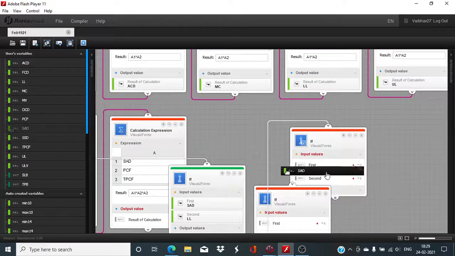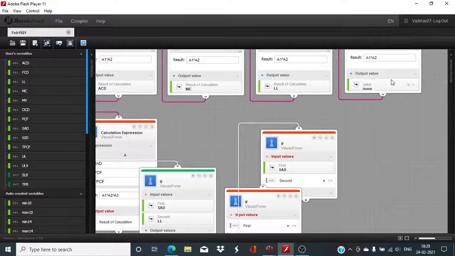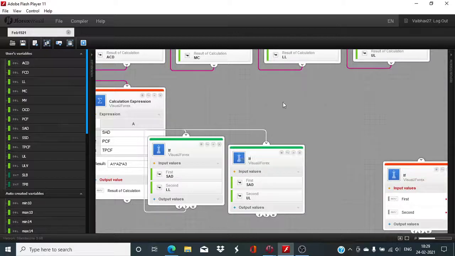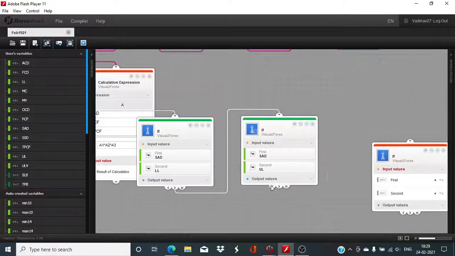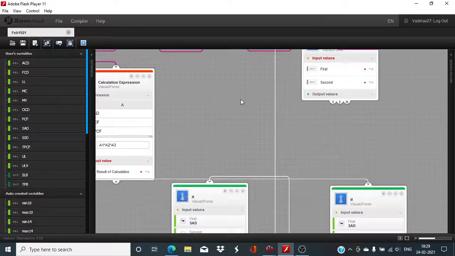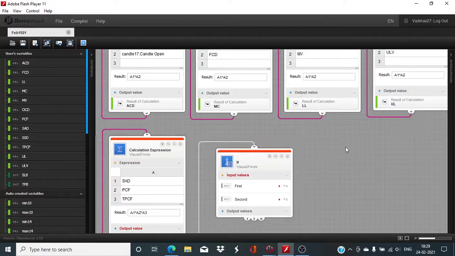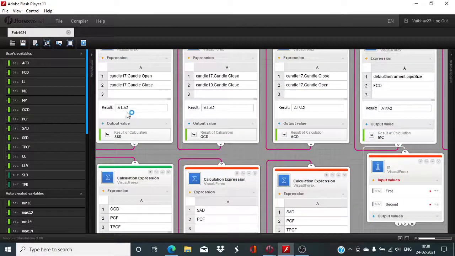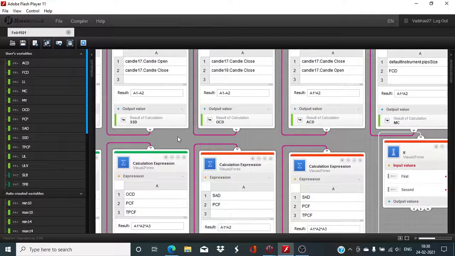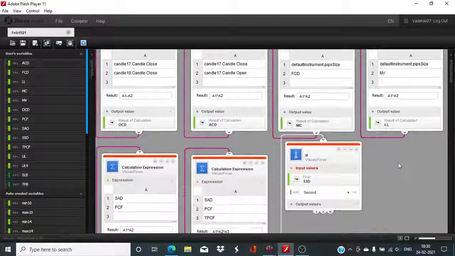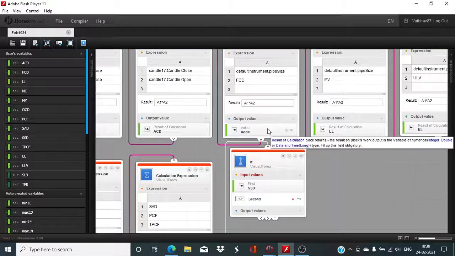Again, sell side actual difference needs to be less than the upper limit. First input less than second input, and the last 15 minutes candle open and candle close difference needs to be more than 3 pips, which is the minimum condition.